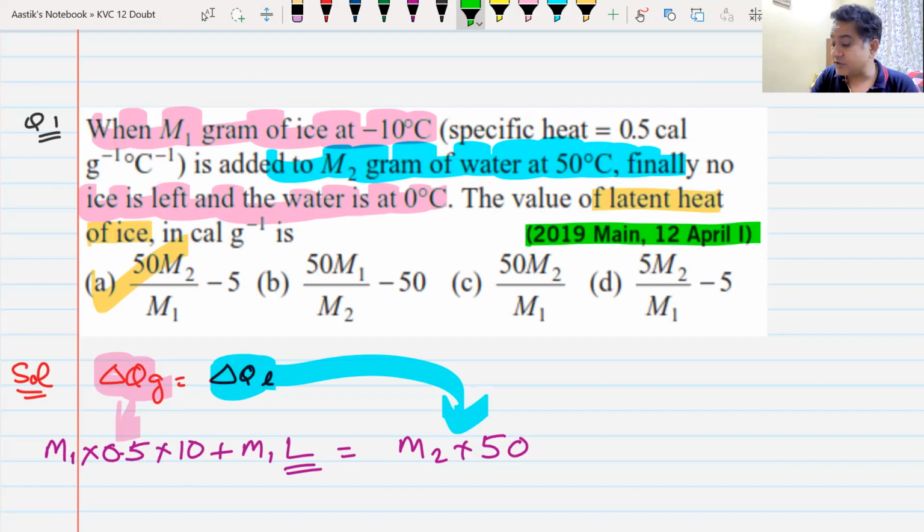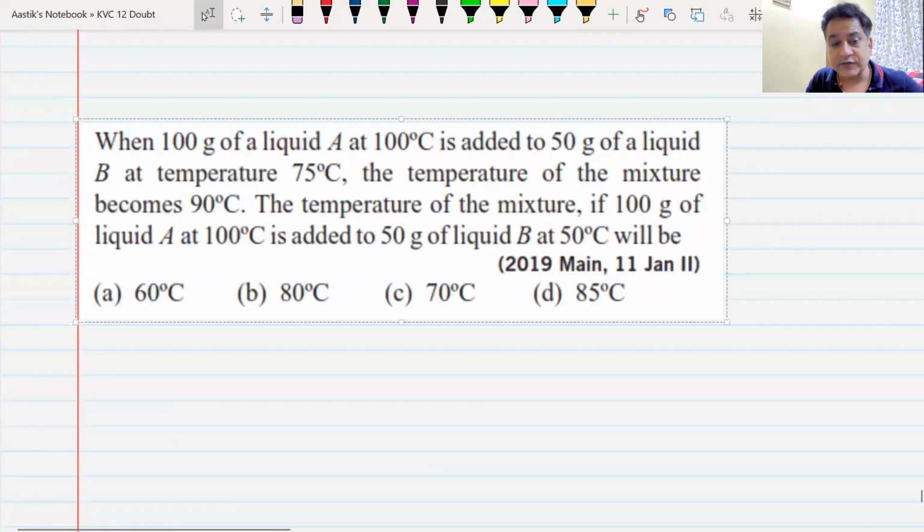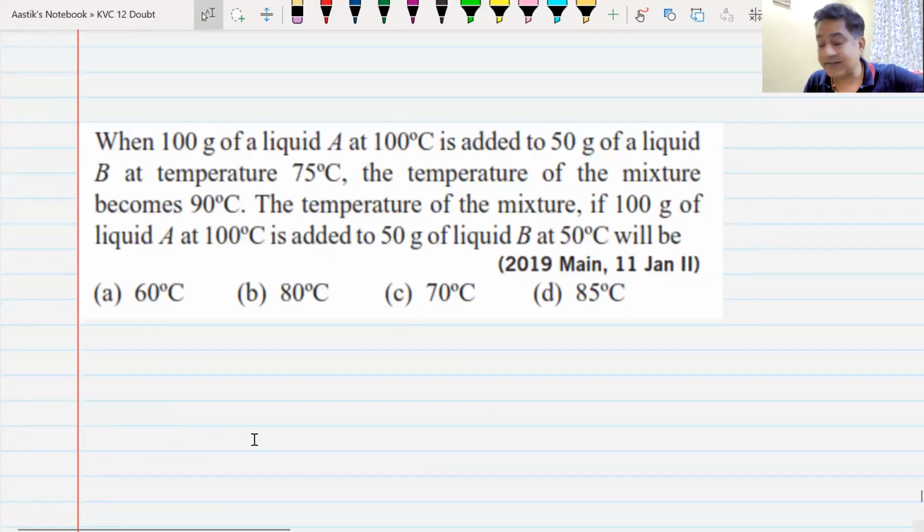Can you move on to the next question? The most important thing that you're going to read in the next question is in which session, in which year it came. And remember, when one question comes from one topic in one session, the same process is repeated for different sessions.